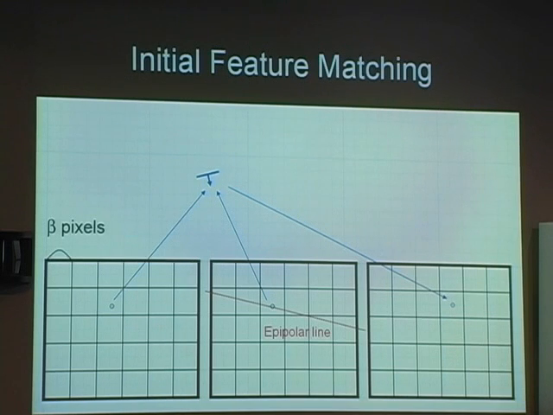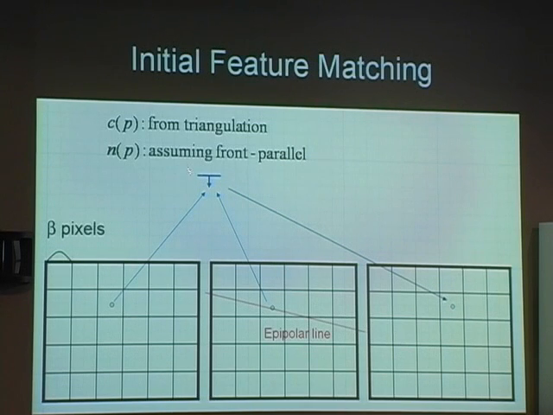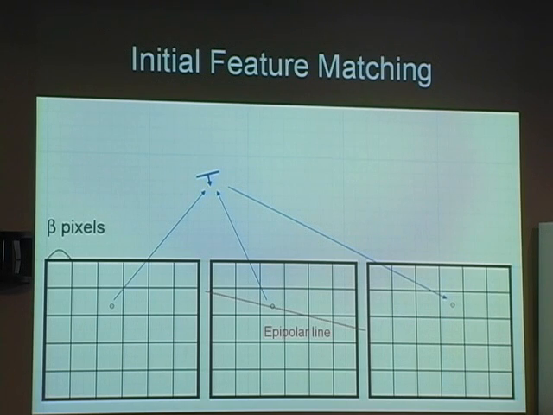So you put the function and variables into the optimizer, and you get the optimized value. I just use the conjugate gradient method for the optimizer. So again, I have some initialization, c(p), n(p), the 3D coordinate of the center of the patch and the patch normal, and put them into the optimizer to maximize the consistency function. And I get the result.